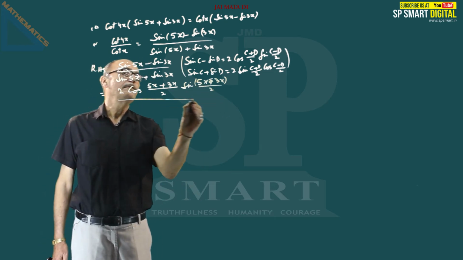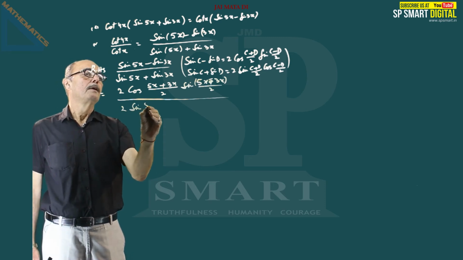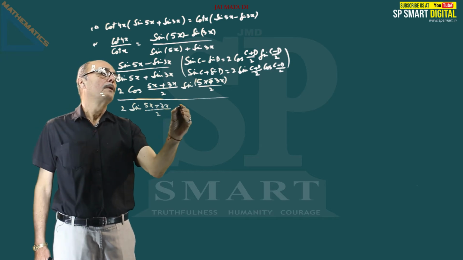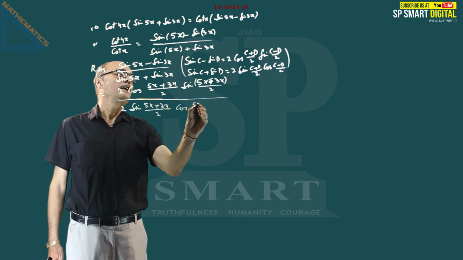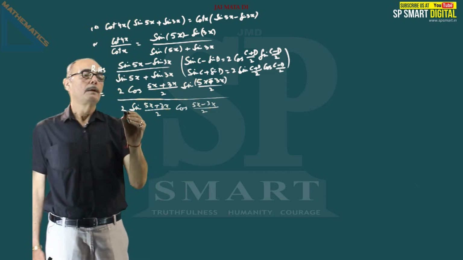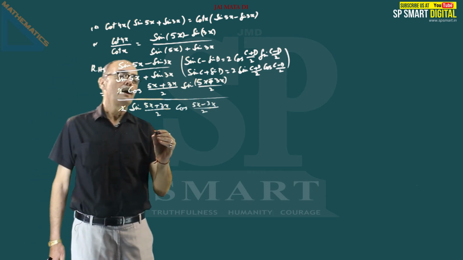In the denominator we have 2 sine of (c plus d) upon 2 cos of (c minus d) upon 2. This 2 gets cancelled with this.